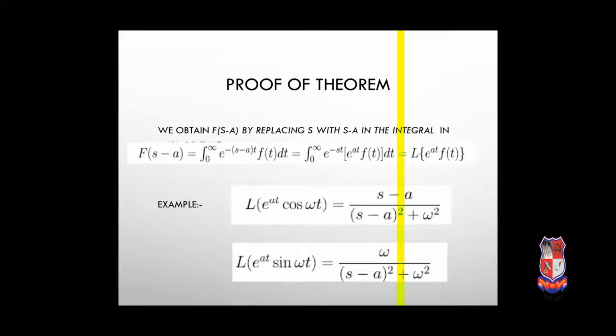Example: Laplace of e raised to at cos omega t is equal to s minus a upon (s minus a) square plus omega square. In the formula of Laplace cos omega t, we replace s by s minus a. Similarly for e raised to at sin omega t.